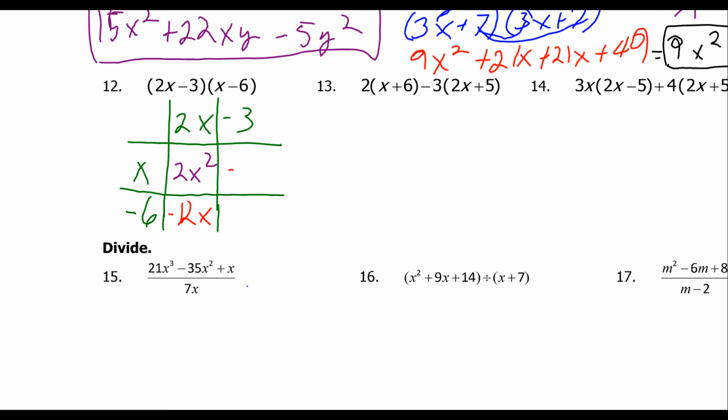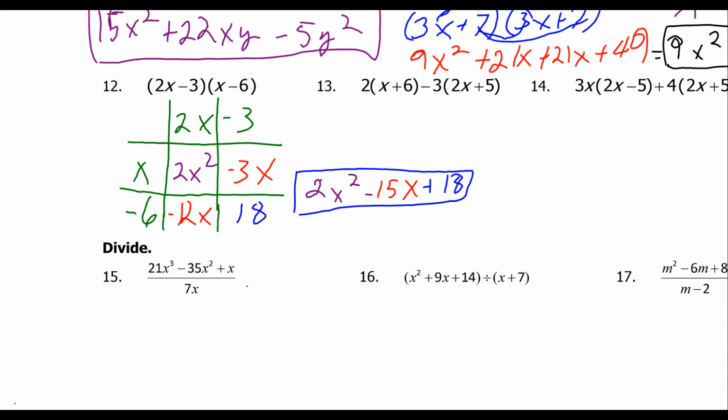Negative 3 times x is negative 3x. And negative 3 times negative 6 is going to give me 18. Now when I go to combine all these, it's going to be 2x squared minus 15x plus 18. And there we have it.